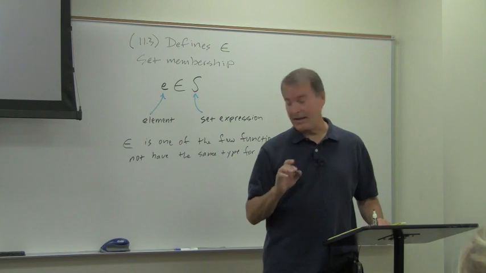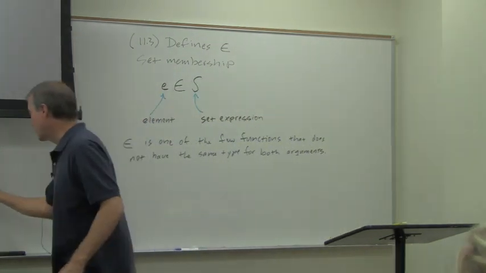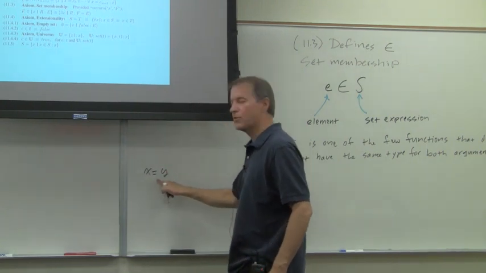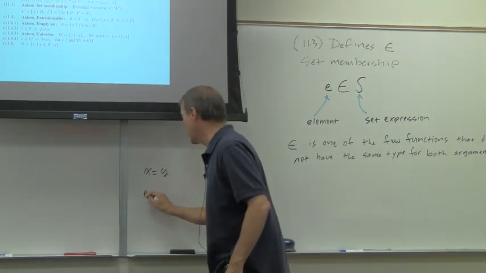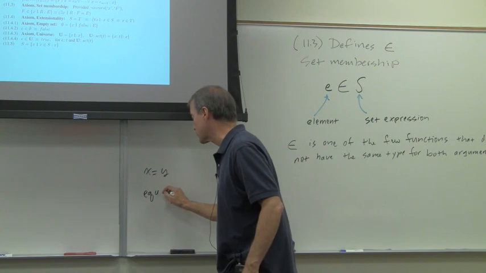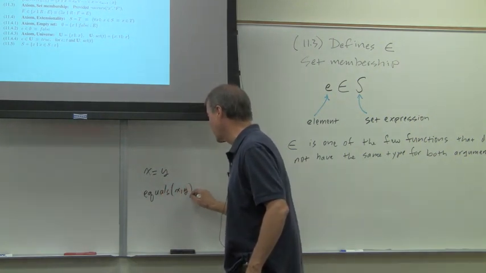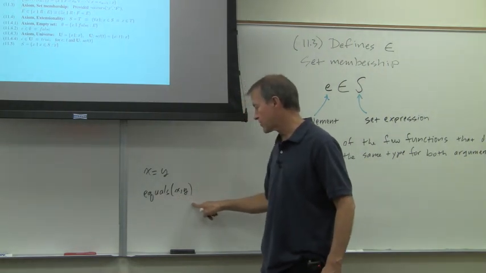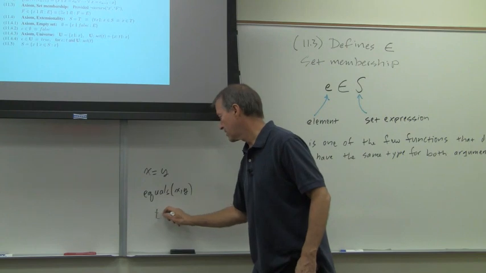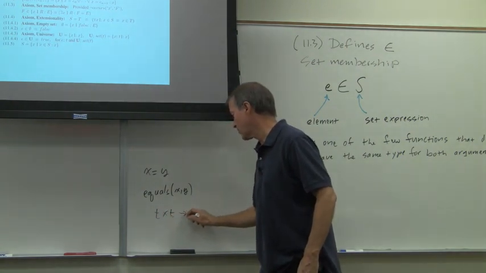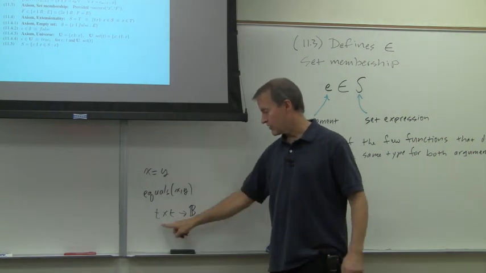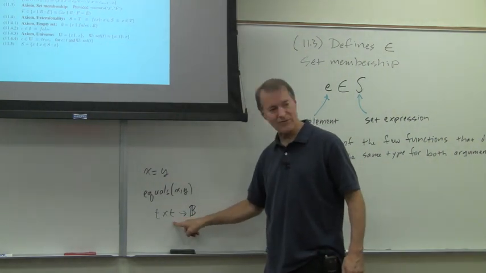If you say x equals y and consider this to be a function, you would write it in function notation like equals x y. So if x and y have type T, what is the type of this whole function? T cross T arrow Boolean. Are you with me? And remember, this and this have to have the same type.